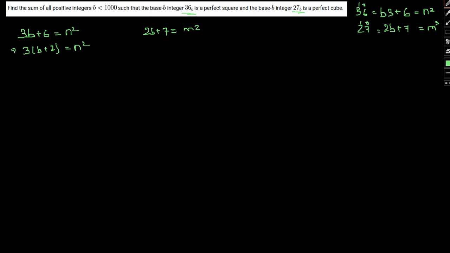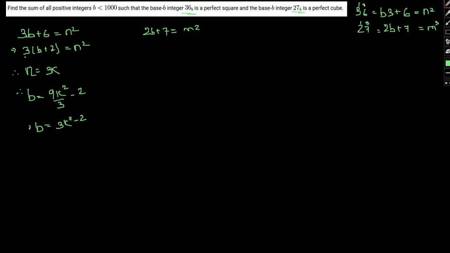Here we can see that n is a multiple of 3, so let n equal 3k. Therefore b equals 9k squared by 3 minus 2, so b will be 3k squared minus 2. This is the value of b.